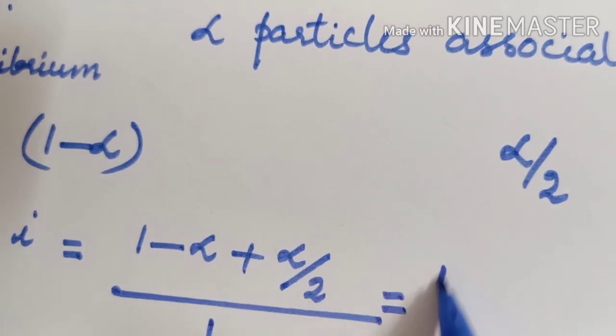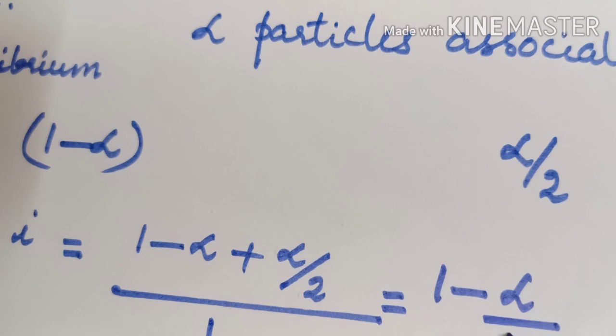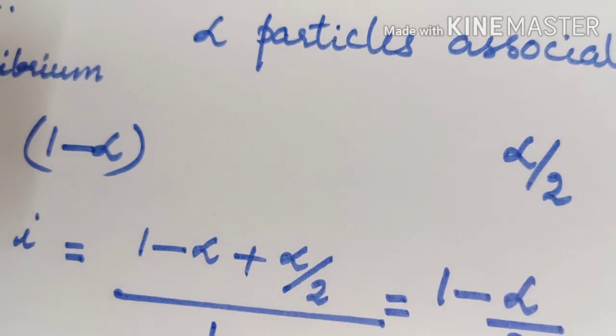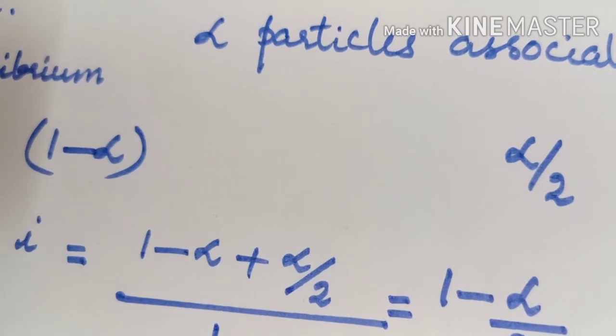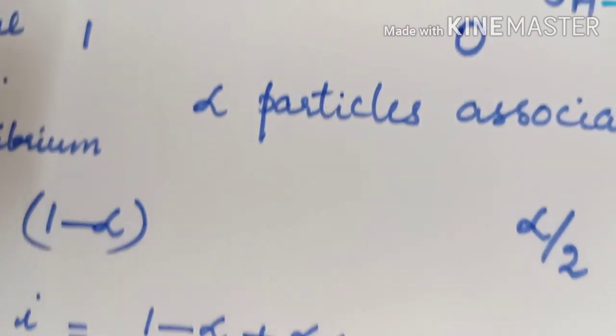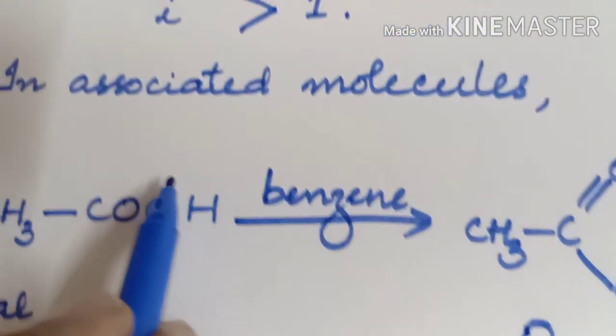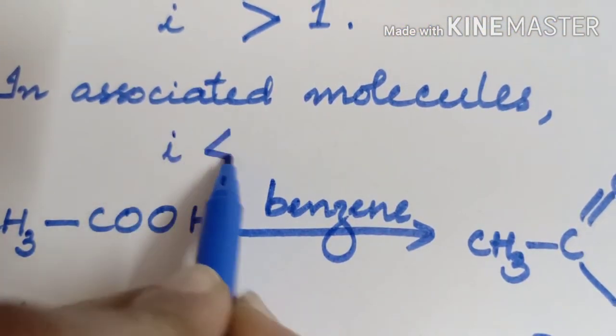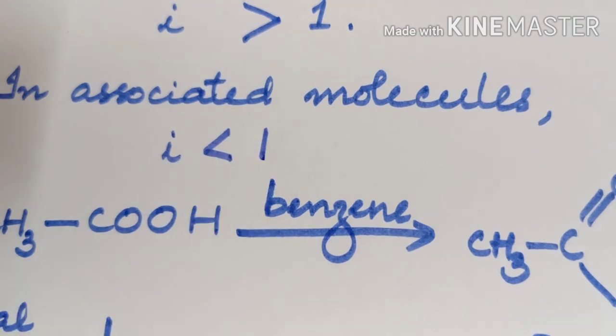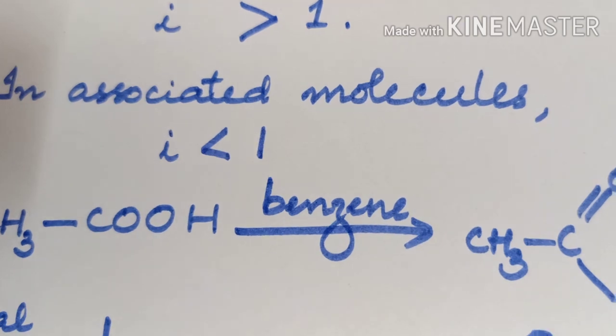It becomes 1 minus alpha by 2. With the result, we can generalize that in the case of associated molecules, the i value will always be less than 1. If neither association nor dissociation occurs, you find that the Van't Hoff factor will be equal to 1. Thank you.